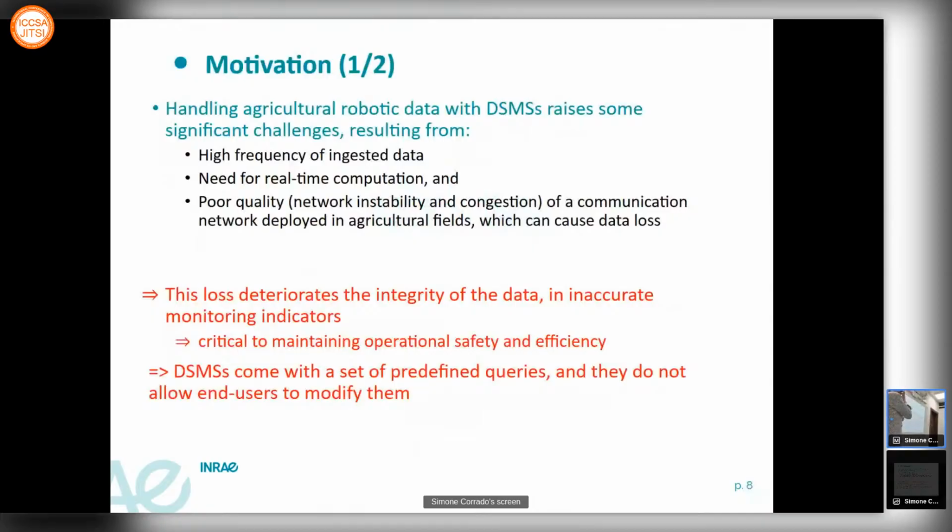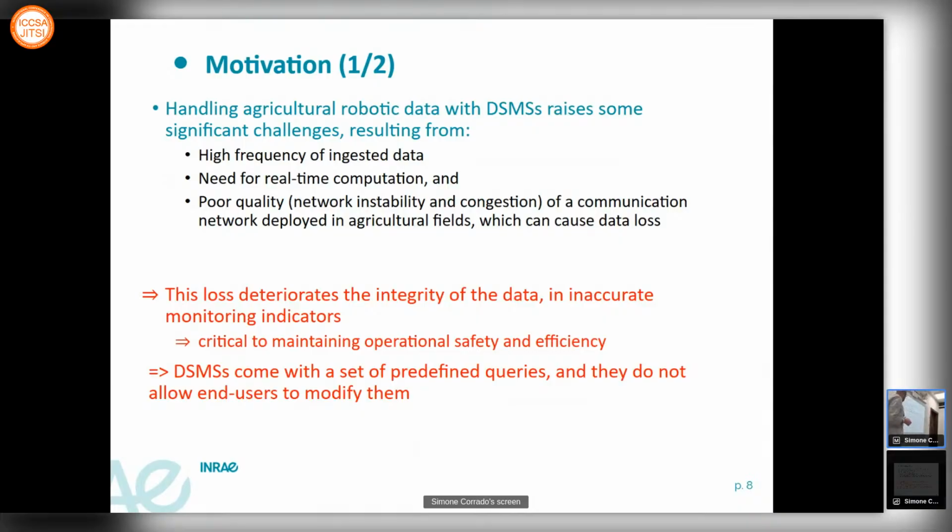So the problem is that when you are in the field, you have no network, because 5G is what they say, but in real life, farmers do not have it. Then too much data arrives. And what is important is that you cannot let the robot move for 1-2 seconds without control, because you can kill someone or you can kill the robot.